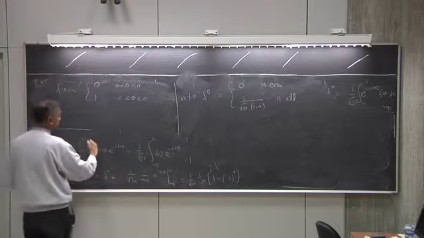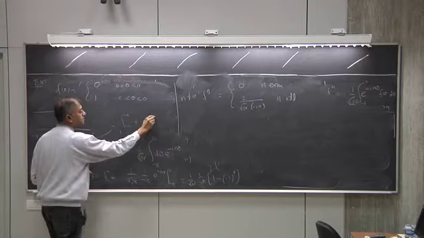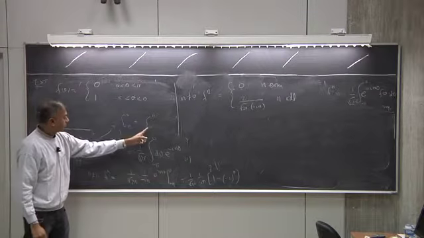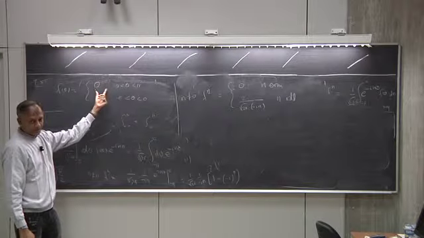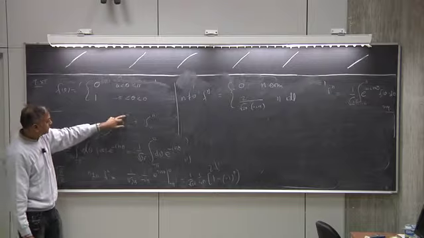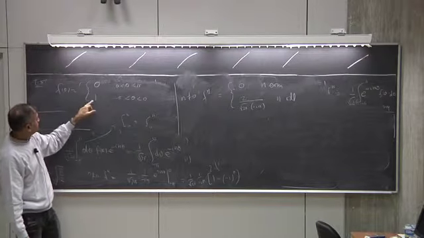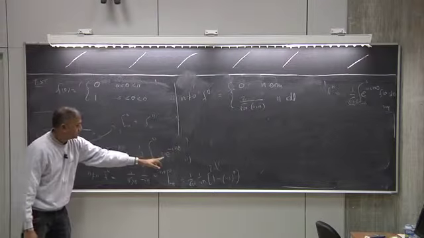This integral I can write as minus pi to 0 plus 0 to pi, right? But from 0 to pi, the value of f is 0, so that integral will give you 0. The only thing is that in the interval minus pi to 0, f of theta is 1, so I just substitute 1. That's why there's a 1 here actually.